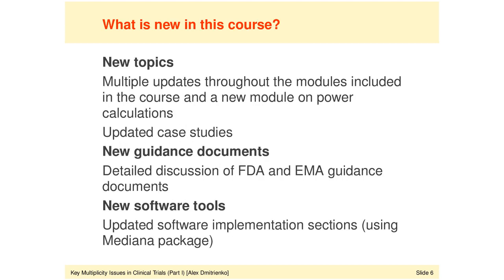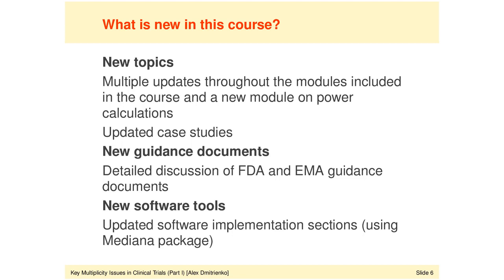As I said at the very beginning, we may think of this online training course as the second edition of the original course. So what is new in this course? Here's a quick summary. First of all, new topics. I have gone through the original slide set, including numerous updates and even a new module on power and sample size calculations in trials with several clinical objectives.